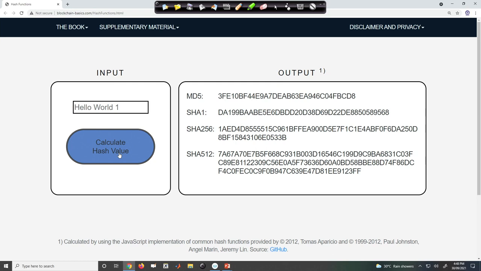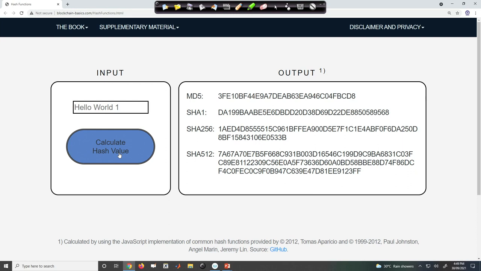Just because I changed the input text by only a small value, like putting a space and then 1, immediately we see that the output hash is completely different. The hash for hello world and the hash for hello world space 1 are completely different. That means that just by knowing the hash for a given input, you cannot figure out the hash for one you do not know. If you know the hash, getting back to the original message becomes very, very difficult.